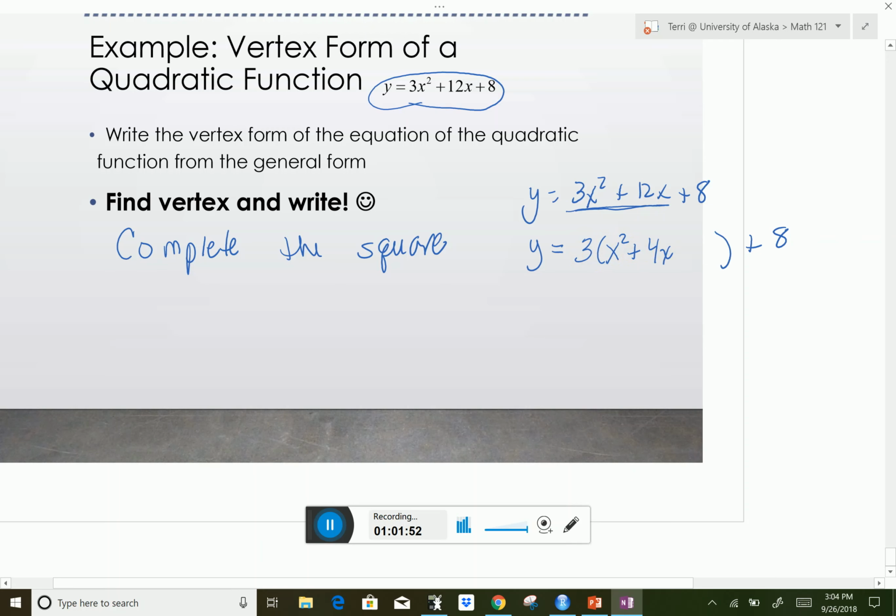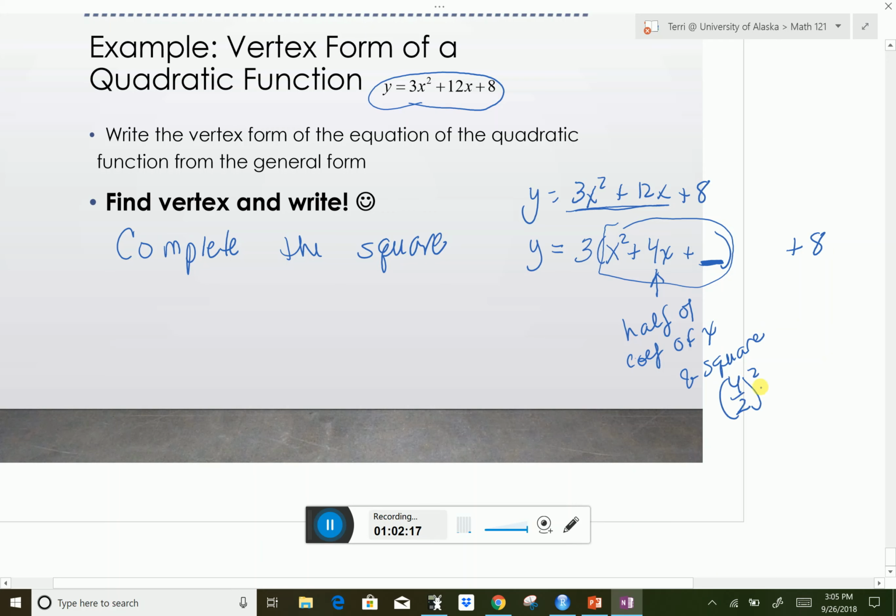Now I need to figure out what I need to add right here that actually completes this square inside here. So what I do is take half of the coefficient of x, and square. So 4 over 2 squared is 2 squared, which is also 4. So I'm going to add 4.